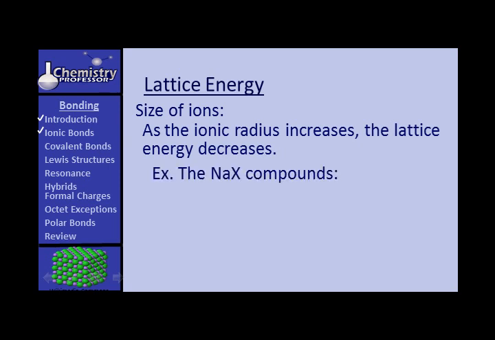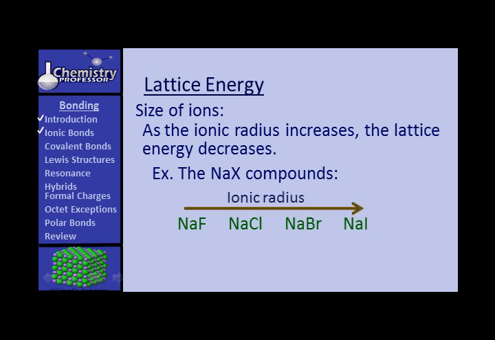If we look at the NaX compounds, in other words, sodium chloride, bromide, iodide, and fluoride, and we list them out, here they are. Now, we've listed them from the smallest to the largest. The ionic radius increases in what direction? Well, sodium's the same in all of them, so it's going to have to do with the difference in the anions. And you're going to find that the ionic radius increases in this direction.